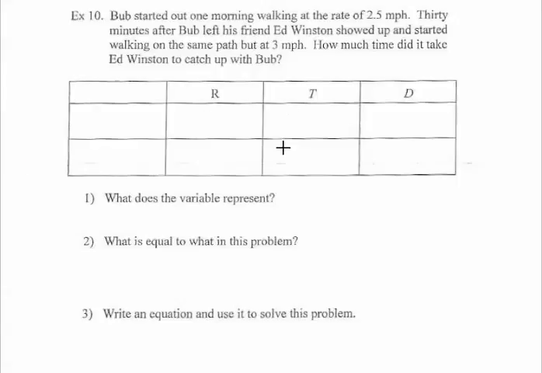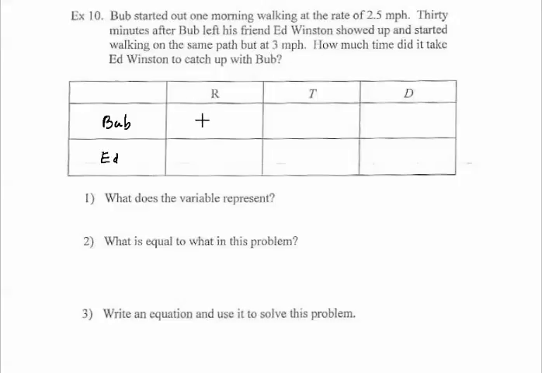Now, here's our table. Again, we have R, T, and D. And so on one row, we'll put Bub, and then on the other, we'll put Ed. Okay. We want to know when they're going to meet. So here we go back to the problem and pick out what all we know about the problem as far as rate, time, and distance.